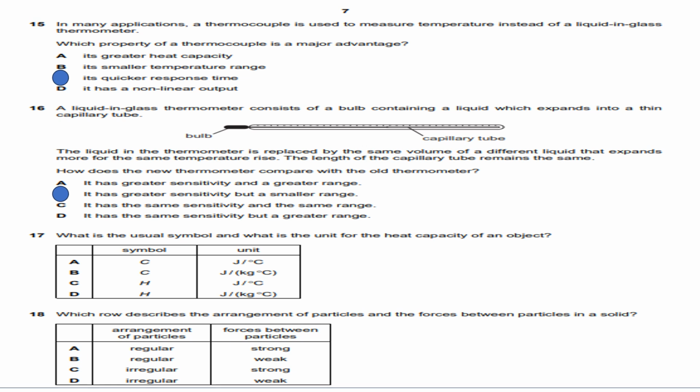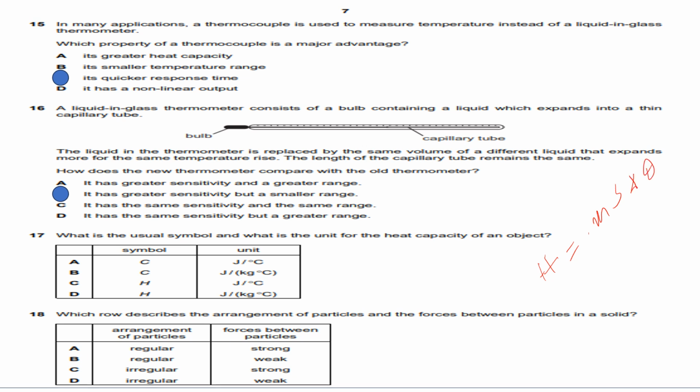What is the usual symbol and what is the unit for the heat capacity of an object? So heat capacity, total heat is m c theta.